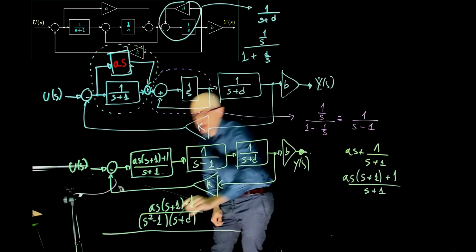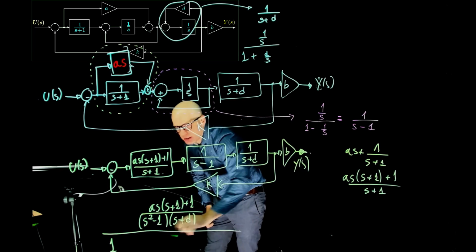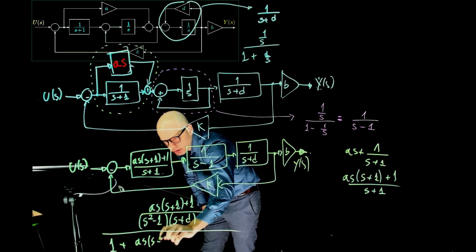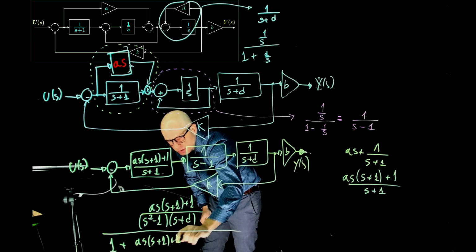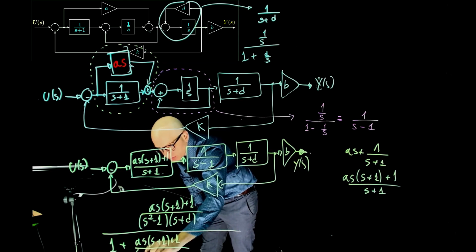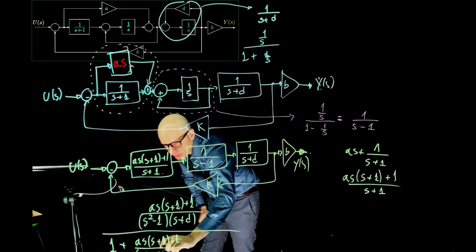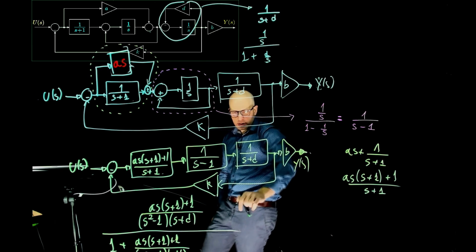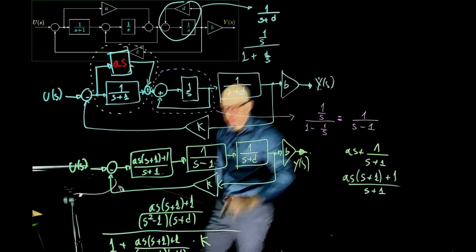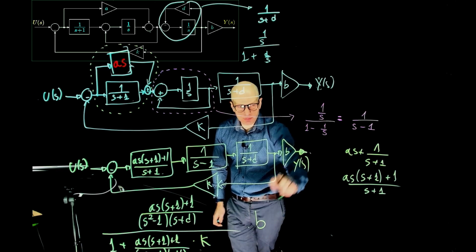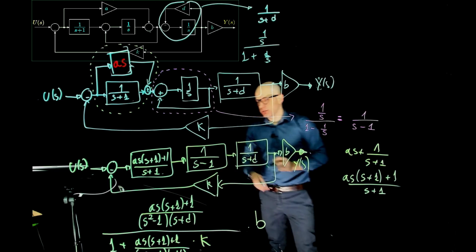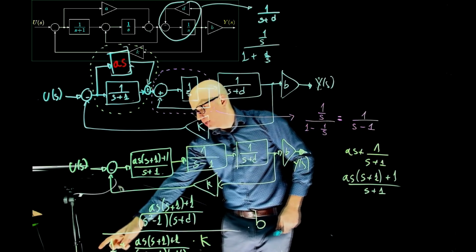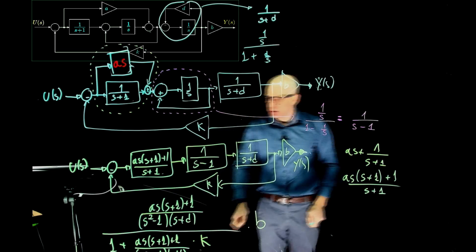You can't do copy and paste when doing this by hand. 1 plus the same thing, A S times s plus 1 divided by s squared minus 1 times s plus d, and times k. And the whole thing times b. All right, I can now simplify this, we'll post the final solution later. Basically, this denominator multiplies 1, and then everything cancels out.